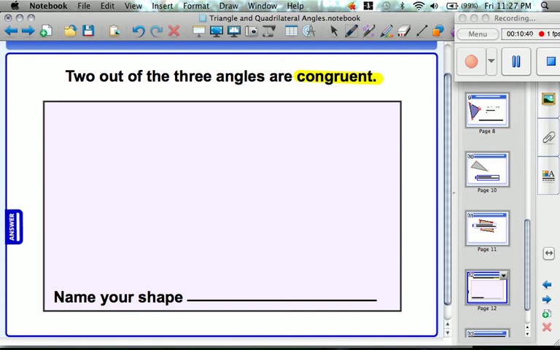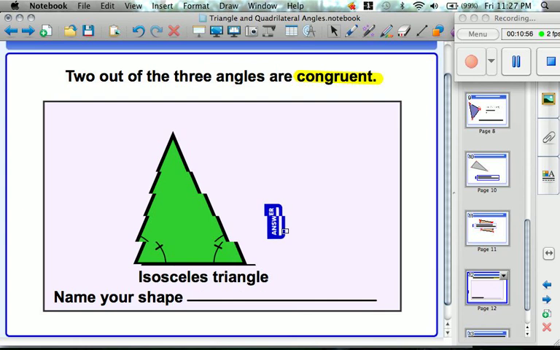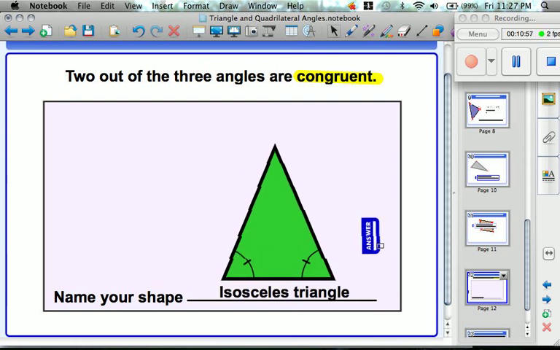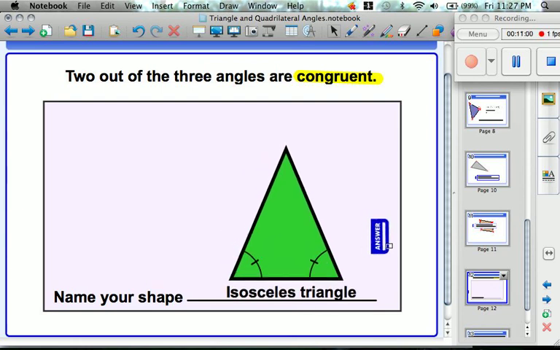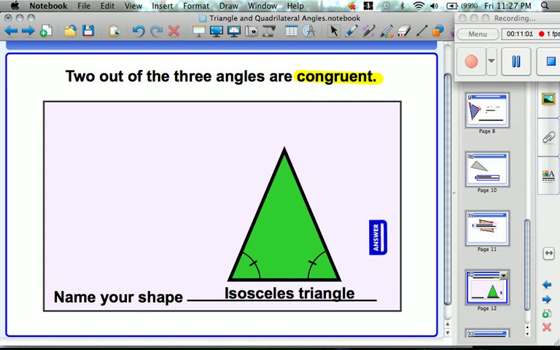We all know that congruent means that 2 of the angles are the same measurement. Okay, if everyone has finished that, your answer should be an isosceles triangle. So if you had an isosceles triangle, then you are correct.